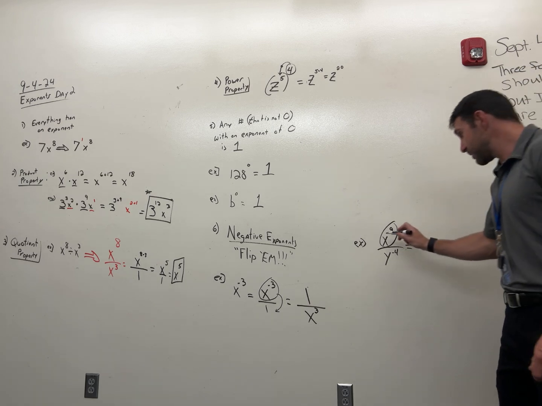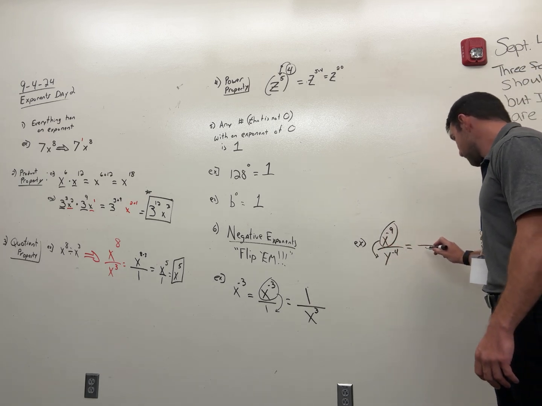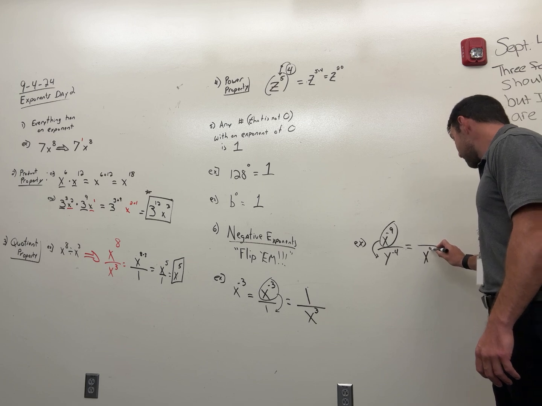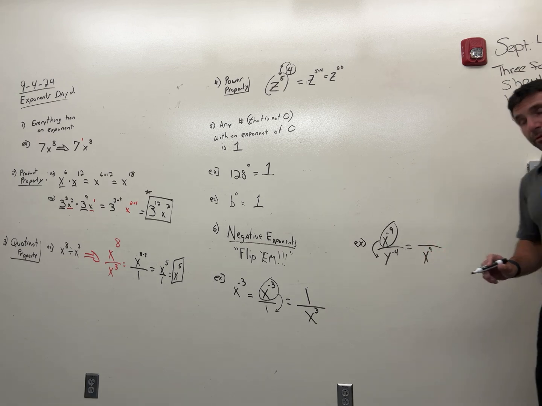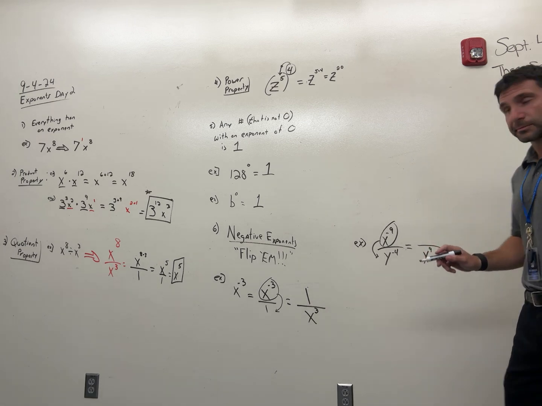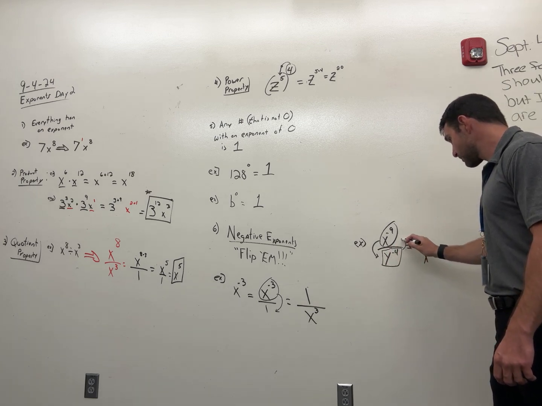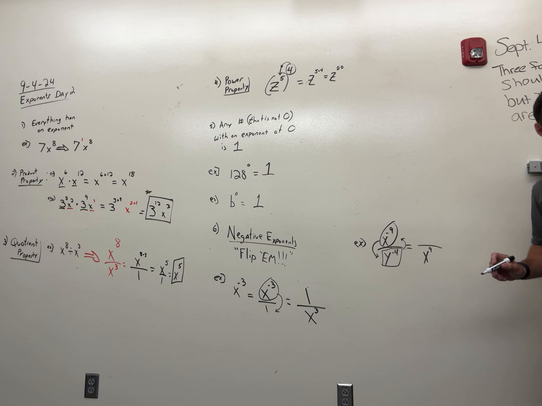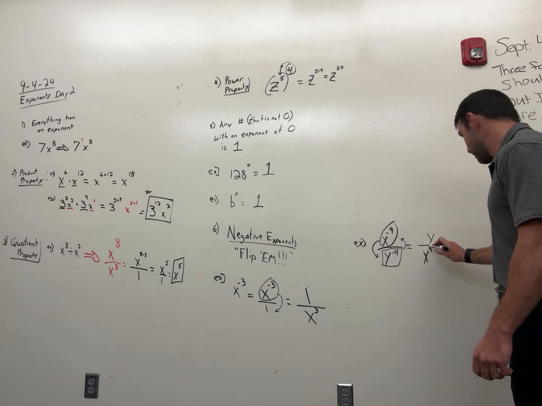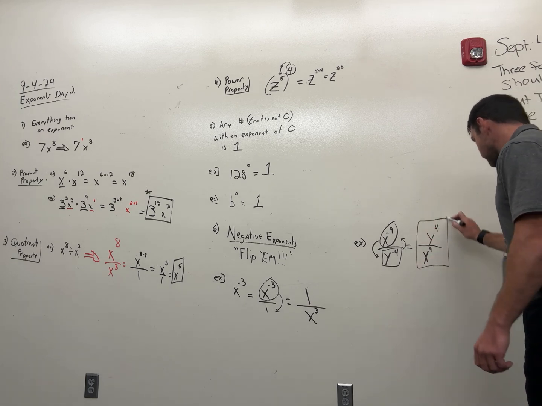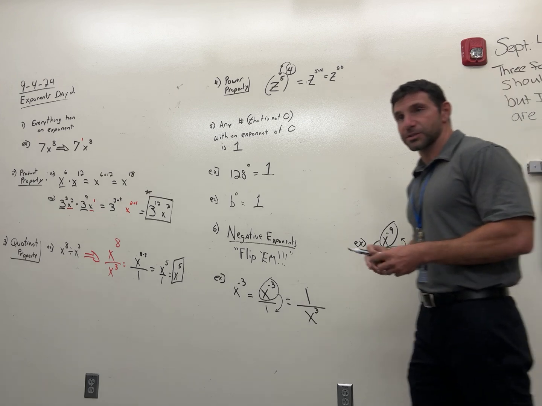Bottom. Okay, and becomes x to the positive 9th. Well, what else has to happen? Y. Negative 4 goes where? Top. To the top and becomes? Positive. So it's y to the positive 4th. Questions?